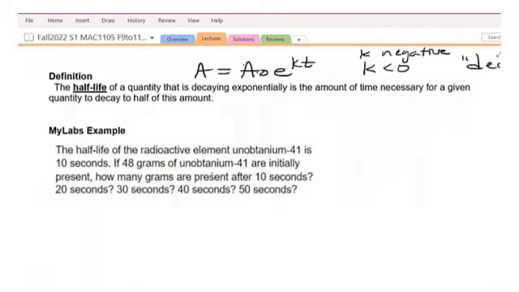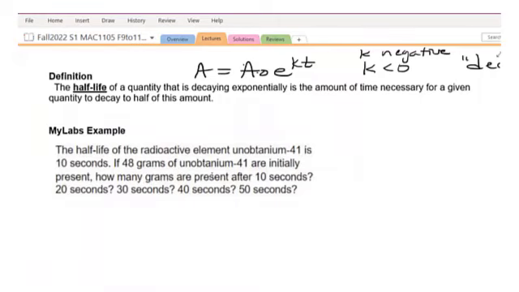So here's an example where you would use that idea. I copied this from my labs, from your homework. The half-life of the radioactive element unobtainium-41 is 10 seconds. So it takes 10 seconds, they're saying, for unobtainium-41 to get down to half of whatever amount you started with.